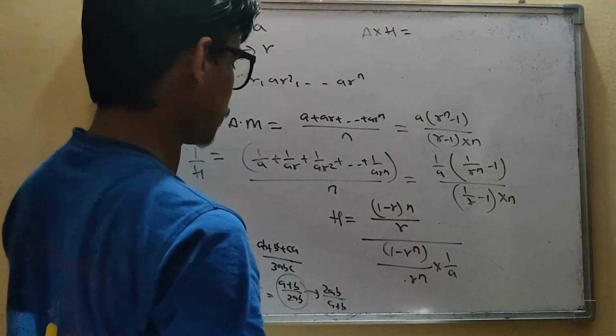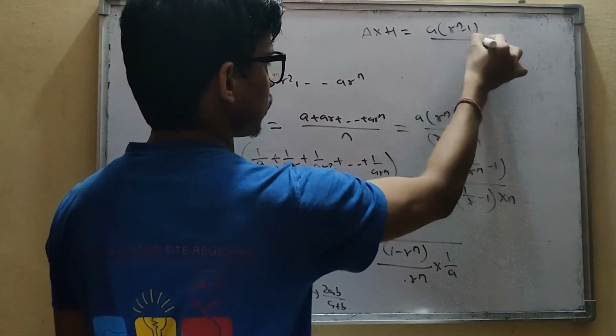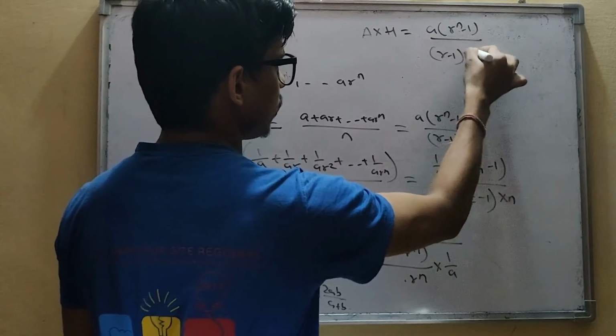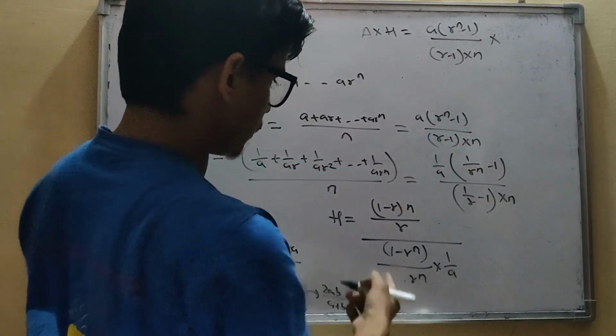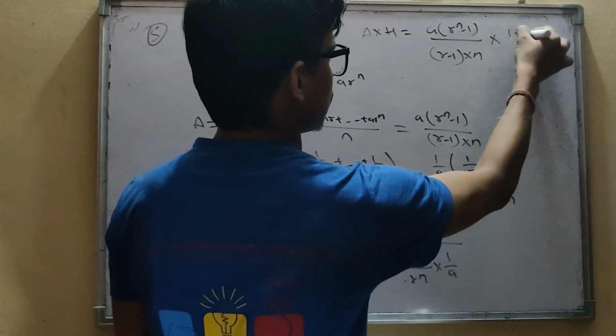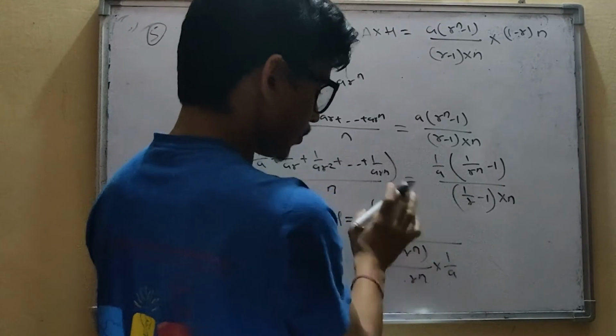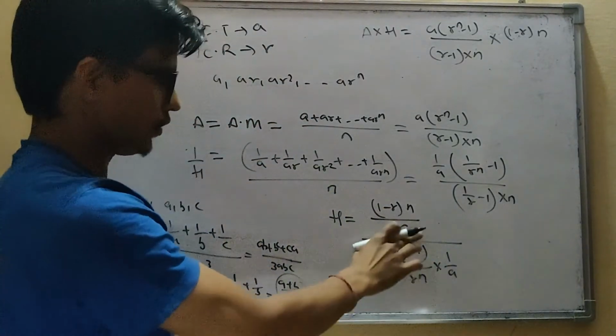Now just substitute the values. So A is this, a into r to the power n minus 1 upon r minus 1 into n. And what is H? So H is going to be 1 minus r into n, this part, and just simplify. It is very simple, you can do it.